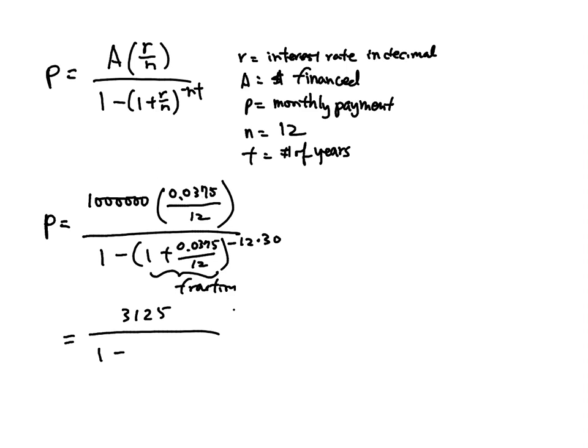This is actually 321 over 320 raised to the negative 360. That's not bad. I like fractions; they're easy to work with. So I'm going to keep the top and use the calculator to figure out the denominator: 1 minus parentheses 321 divided by 320, close parentheses, raised to negative 360.